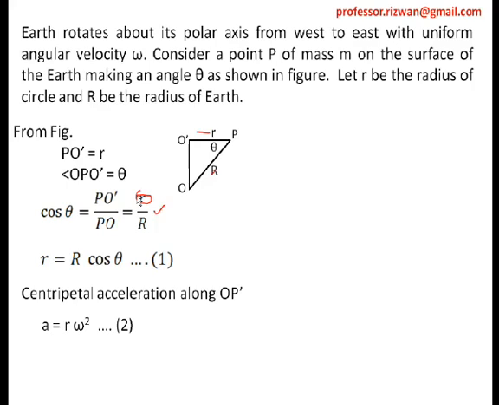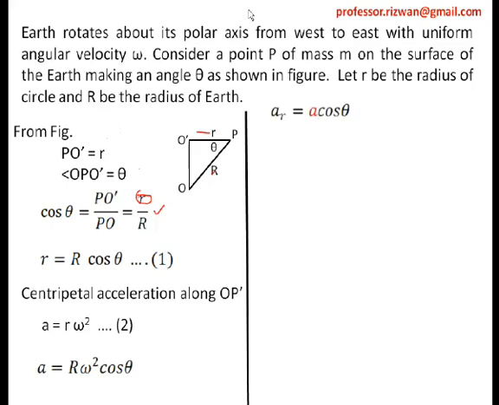So a is equal to r omega square, where a is the centripetal acceleration, r is the radius, and omega is the angular velocity. So if you substitute r from equation number 1, a is equal to R omega square cos theta. So this is very clear. Now let's see the radial component. The radial component is given by a cos theta.